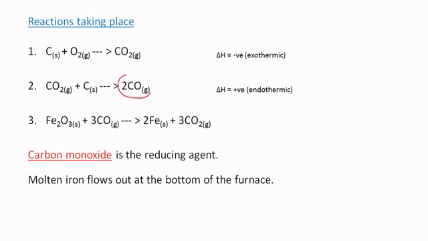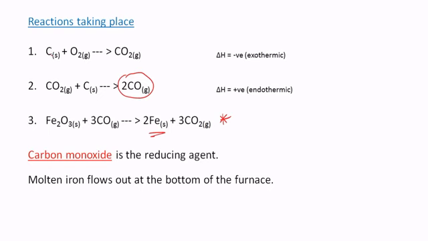Now, the next reaction taking place is Fe2O3 + 3CO produces 2Fe + 3CO2. So you have the iron trioxide reacting with the carbon monoxide to produce iron and carbon dioxide. So this equation shows how we produce the iron. Make sure you familiarize yourself with this.